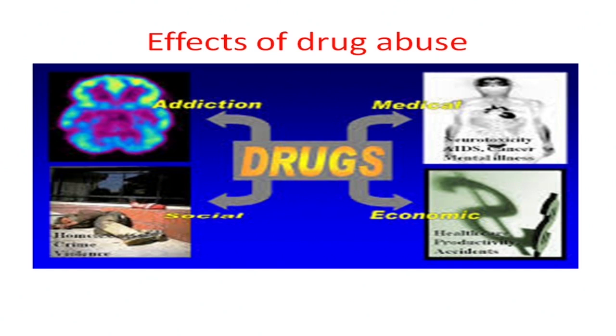We have 4 effects. 1, you get addicted. It can cause addiction. It can also cause medical problems, as you can see there. It also has economic implications when you continue using drugs. And lastly, it also has social effects.